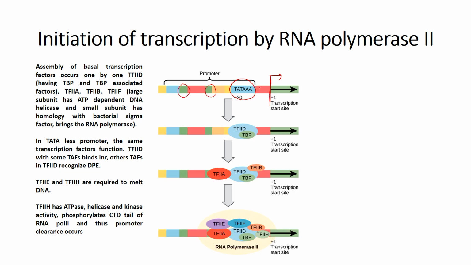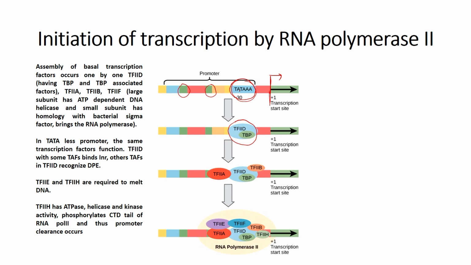What binds first? First, the transcription factor 2D, that binds first. Where does it bind? TFIID has TBP, TATA binding protein, and this is called the TATA box. So that means TBP will bind with this. So TFIID is here.